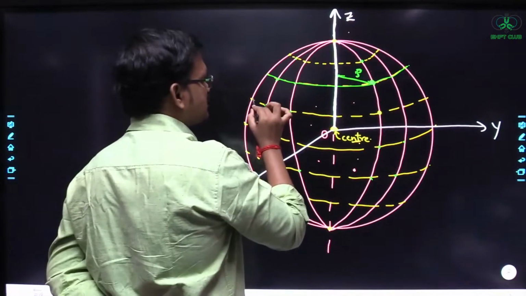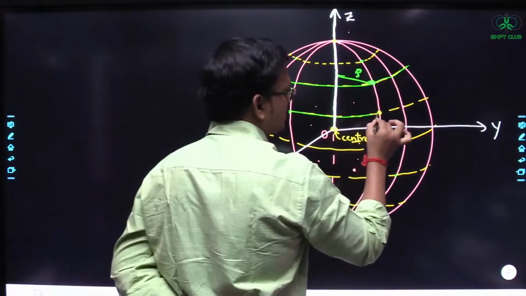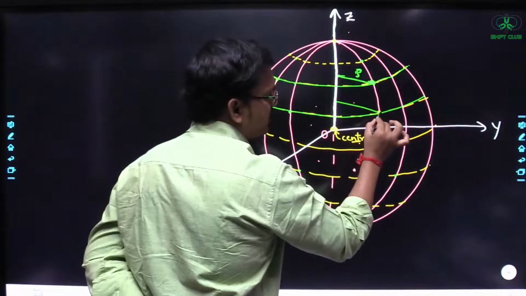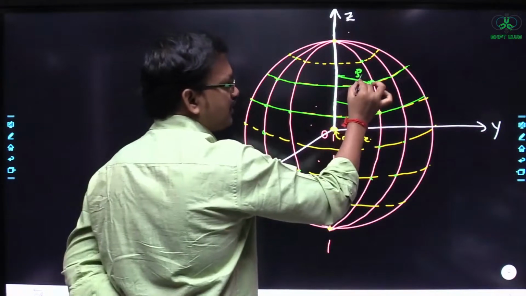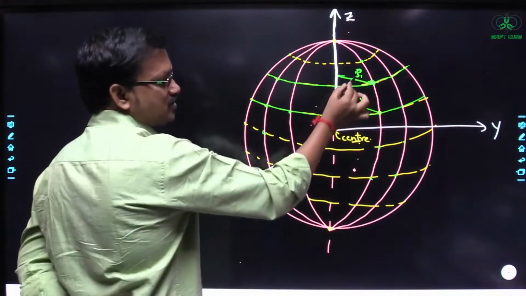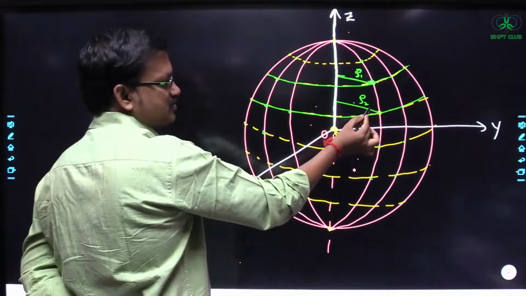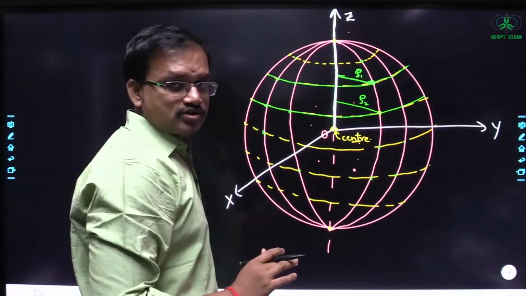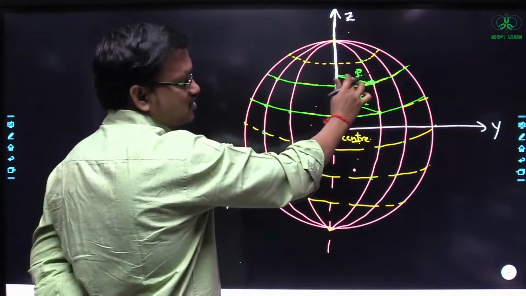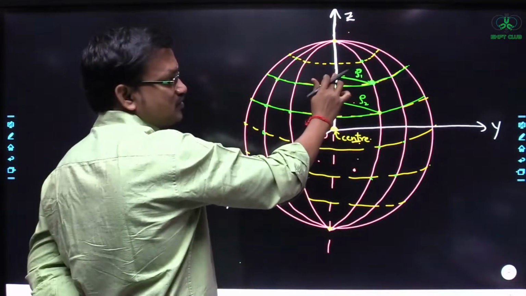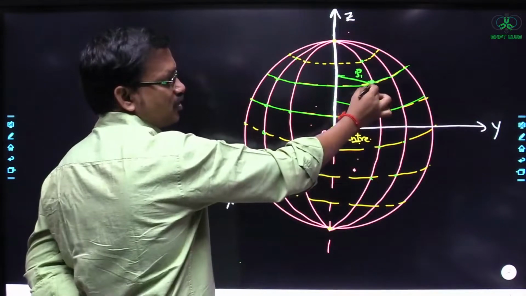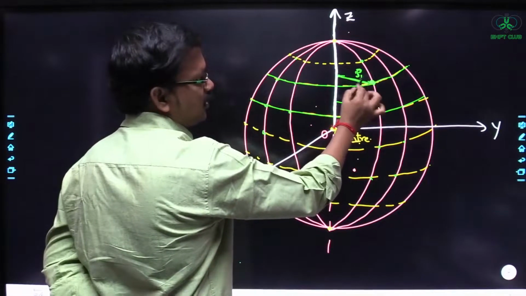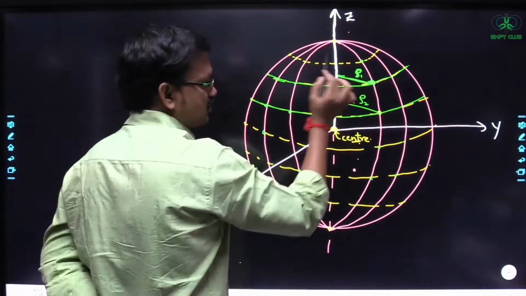Now if you consider this other horizontal circle, the normal distance from the z-axis to this point is also rho. If we call the first one rho 1, then this will be rho 2, because the radius of this horizontal circle is different from the radius of that one. Both are not the same. The radius of a horizontal circle is the normal distance from the z-axis to a point on that circle.